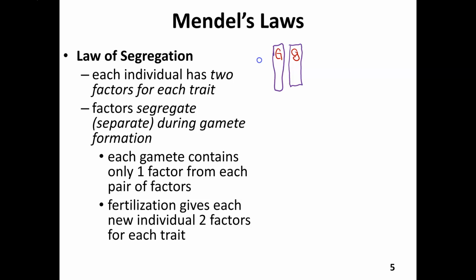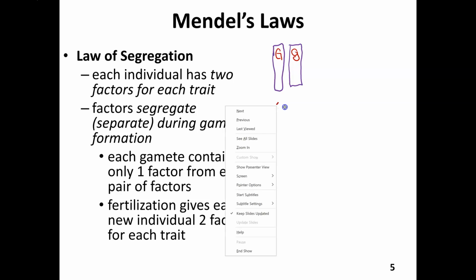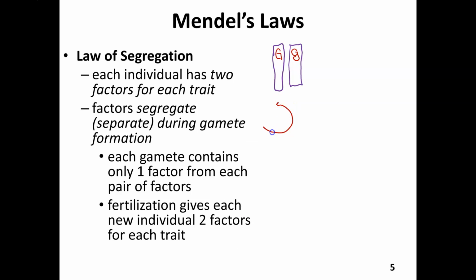So when she produces her gametes, you're going to have replication and everything. But when she produces her gamete, that egg that she produces will either have the big G or it'll have the little g, depending on which of the chromosomes went into that egg cell. And the same thing will happen for dad.